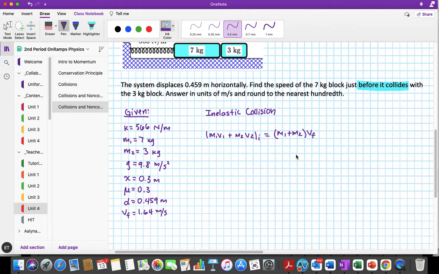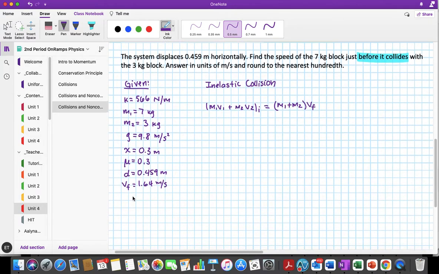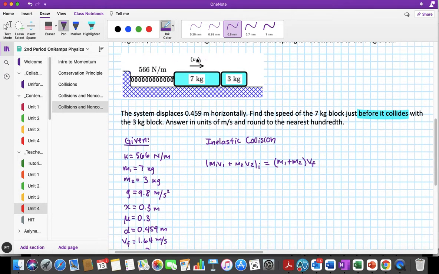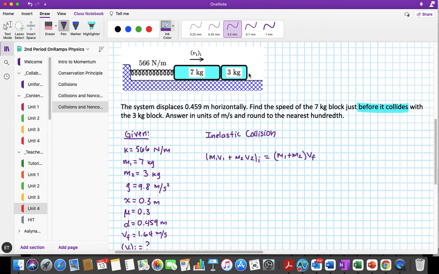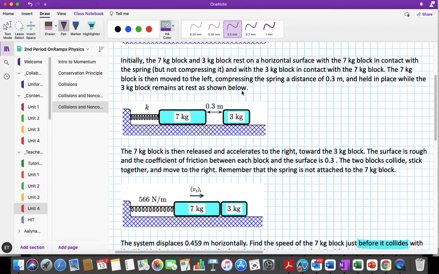So now all we have to do, well, first of all, let's talk about the velocities, right? So we're looking for velocity 1 before the collision. That's what we're looking for. This one. And we know that the velocity of the second mass is 0 because this one was at rest.